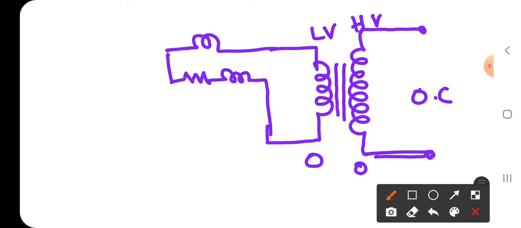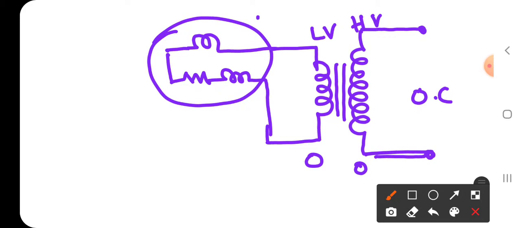As we are finding the magnetic losses, and the magnetic loss is associated with a lagging power factor because it is associated with the inductor, I use an LPF wattmeter.